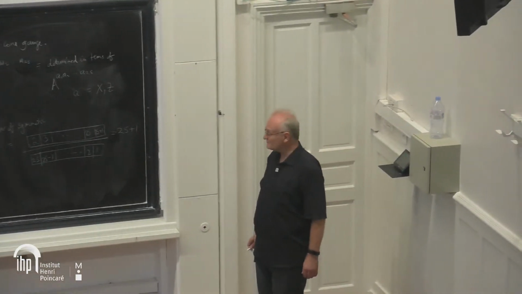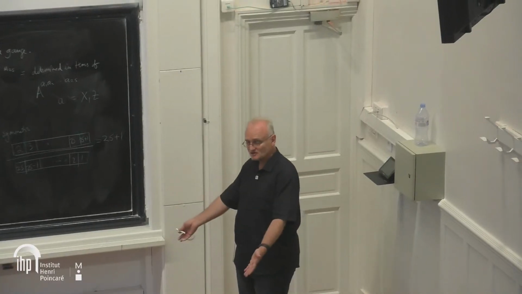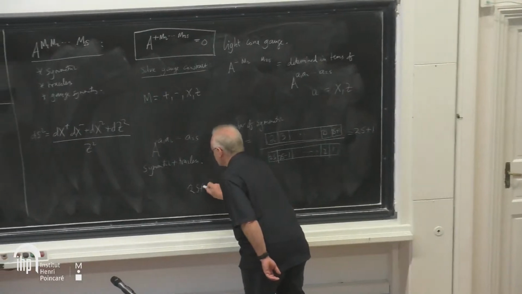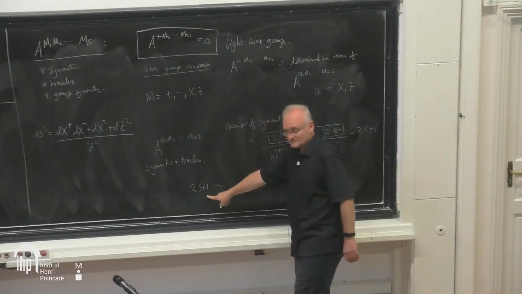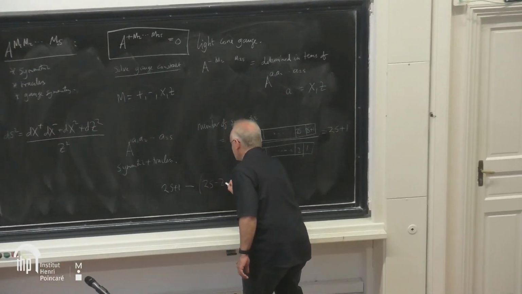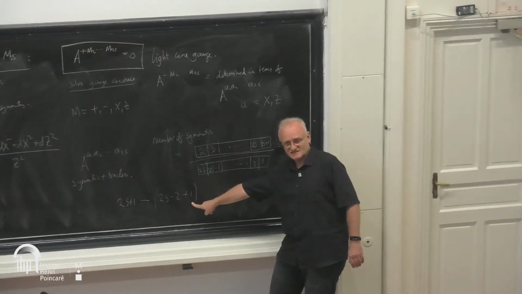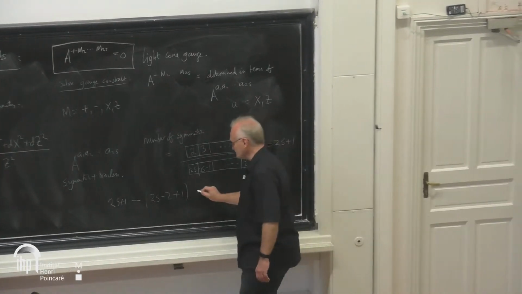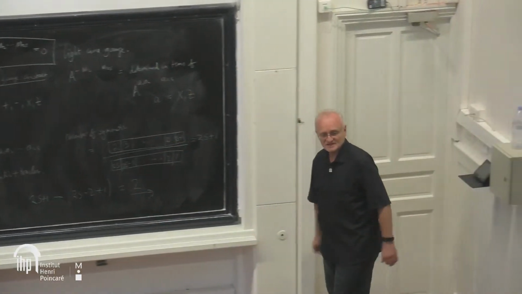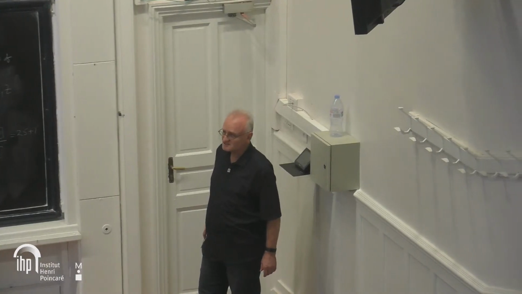So now, if we say, well, how many symmetric and traceless are there? It's exactly the same argument as we had before. So we've got 2s plus 1, that's the number of traceless guys, minus 2s minus 2 plus 1, that's the number of equations that you get after taking a trace, and that difference is 2. So there are 2 independent components of the gauge field.